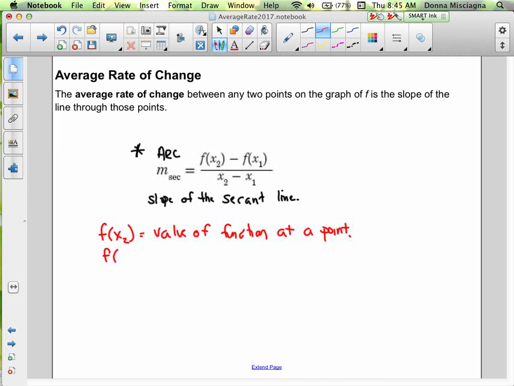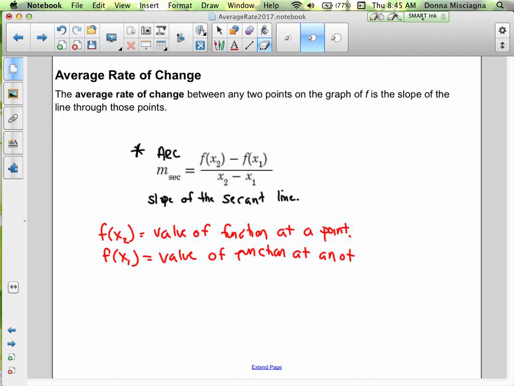And then f of x1 is the value of the function at a different x value.